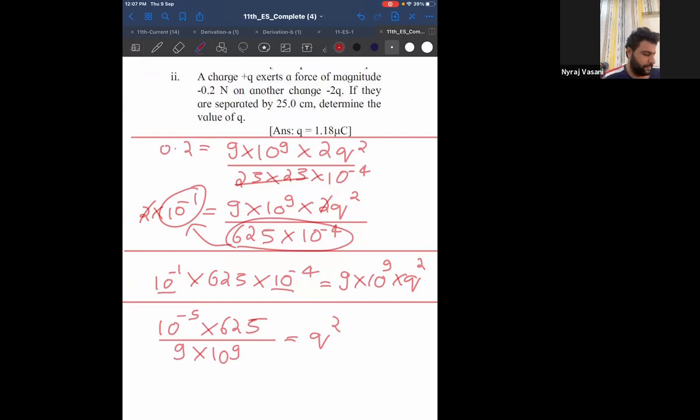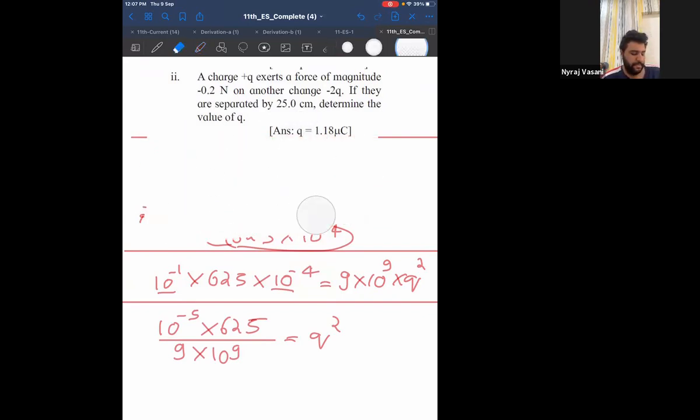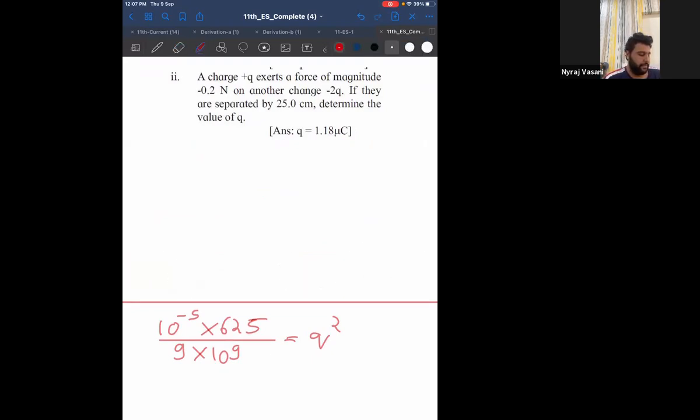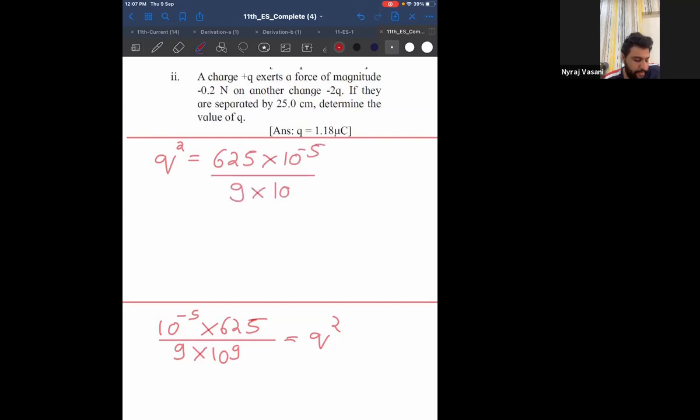Now, tell me, how do you continue? Anyone has any idea? So can I say q square is equal to 625 into 10 power minus 5 upon 9 into 10 power 9.